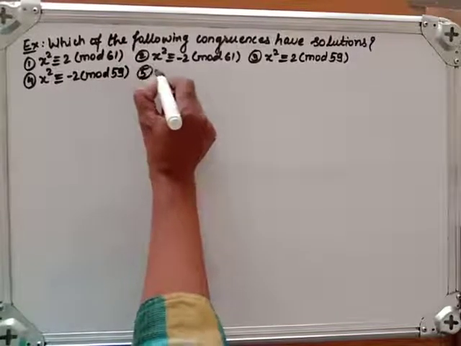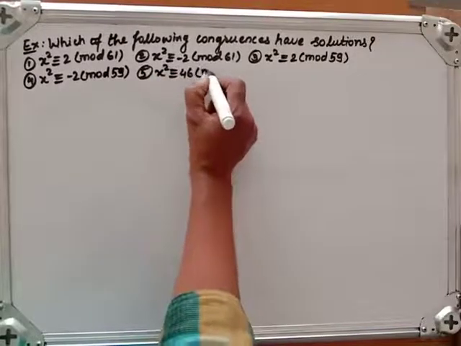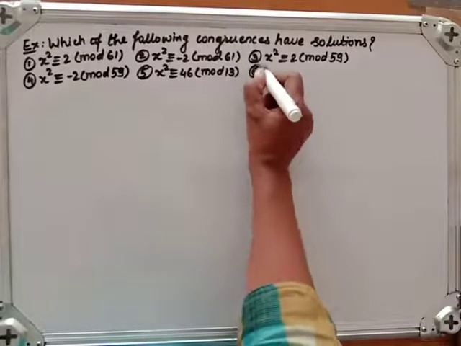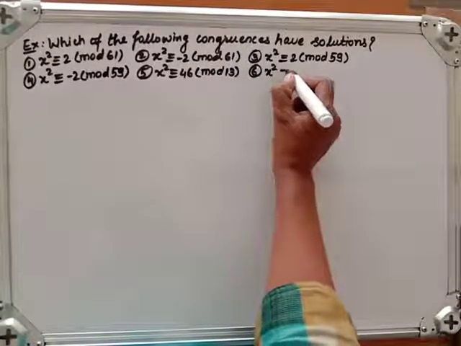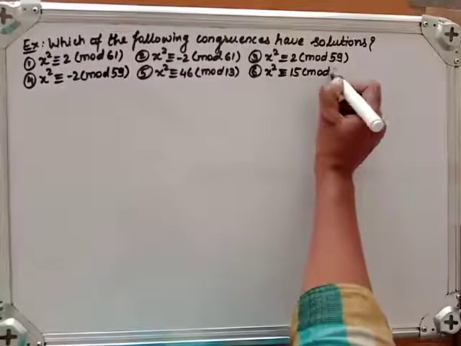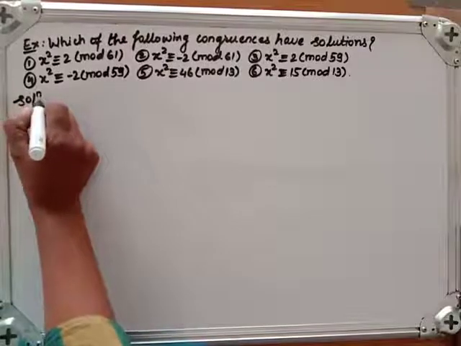Fifth, x squared congruent to 46 modulo 13. Sixth, x squared congruent to 15 modulo 13. Now let's see the solution of these one by one.